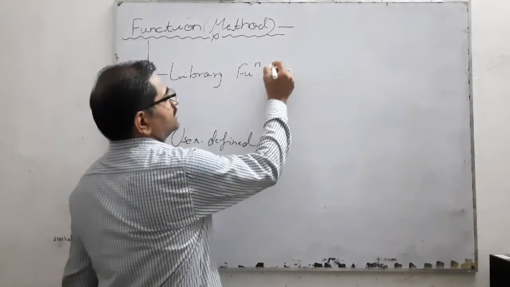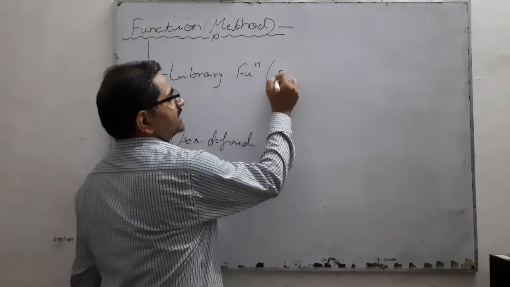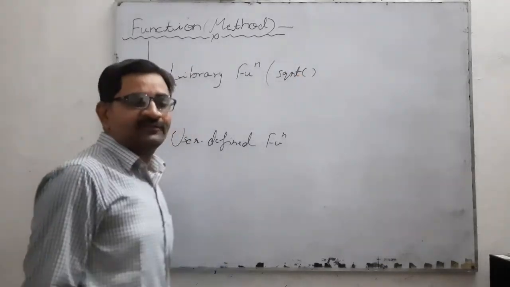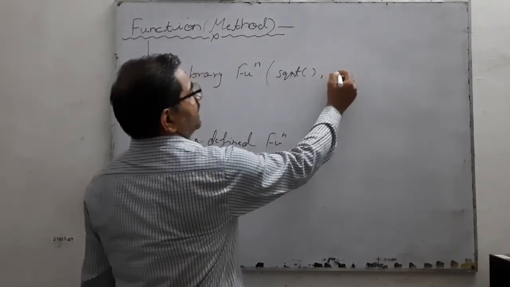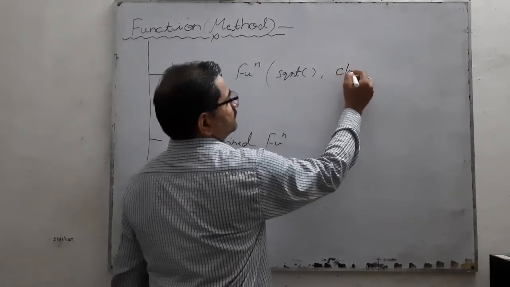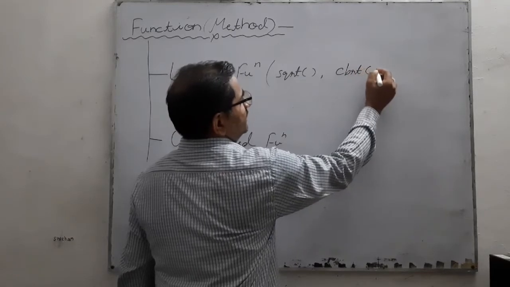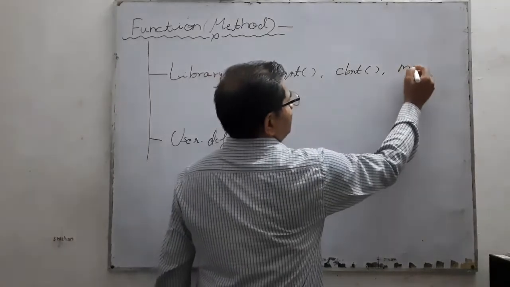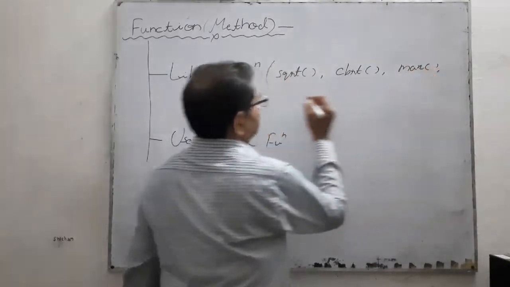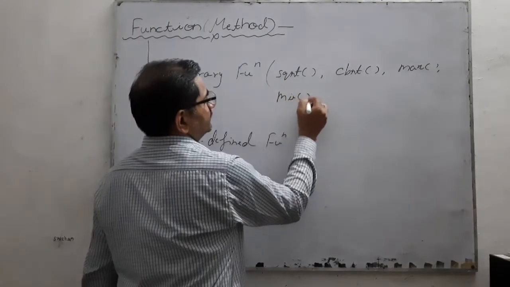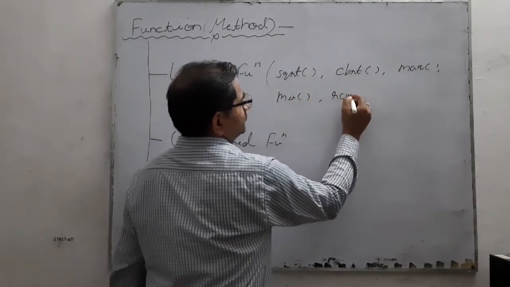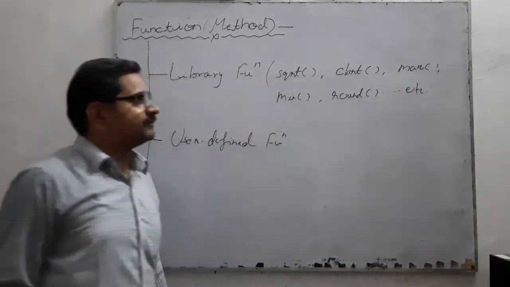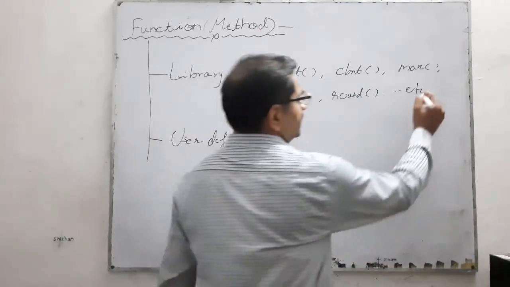For example, suppose you have to calculate the square root, so the sqrt method is already defined. If you have to calculate the cube root of any value, the cbrt method is already defined. In the same way, max, min, round, these are a few methods that fall in the category of library functions.